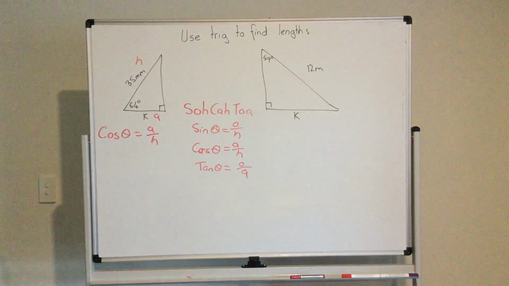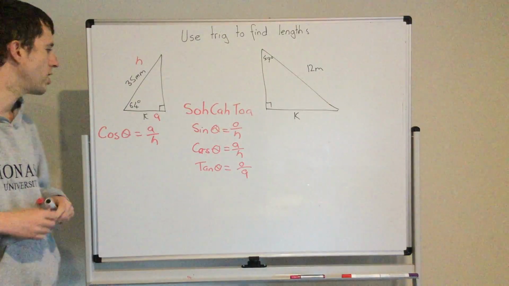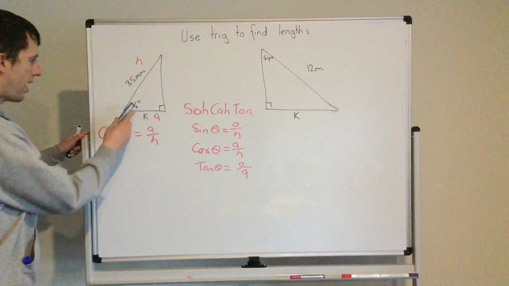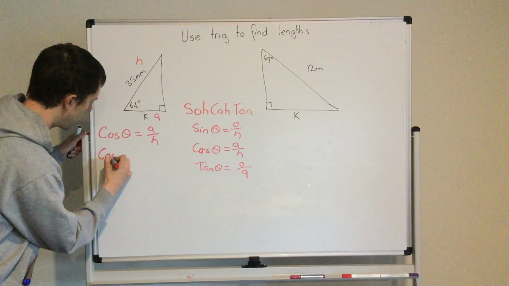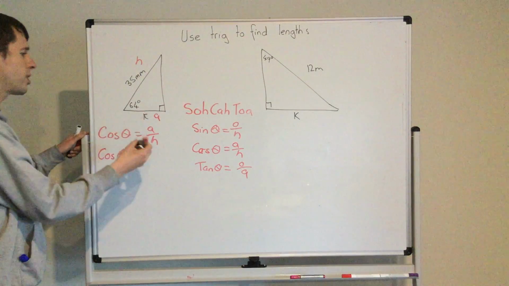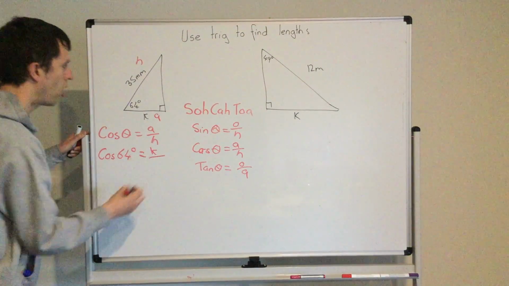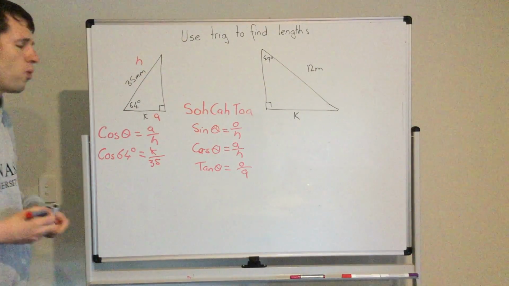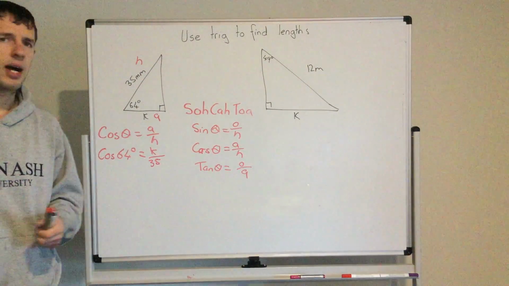Always best to start off writing our equation. Then we fill it in. So cos 64 degrees equals adjacent, which is K, we don't know, over H, which is 35 millimeters. Now we want to get K by itself.